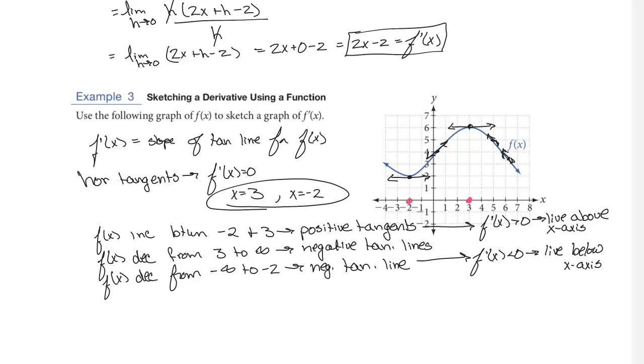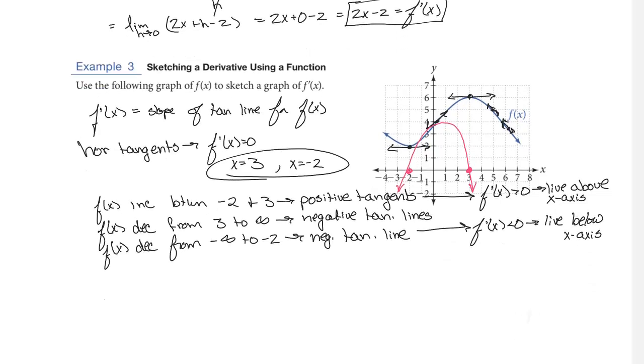And then we're going to be below the x-axis to the left of negative 2 and to the right of 3. So our derivative is going to look something like this. Just a quick sketch. We found all of that information just by analyzing what that derivative is. It's important to make that connection between what f of x looks like and what that derivative is going to look like.